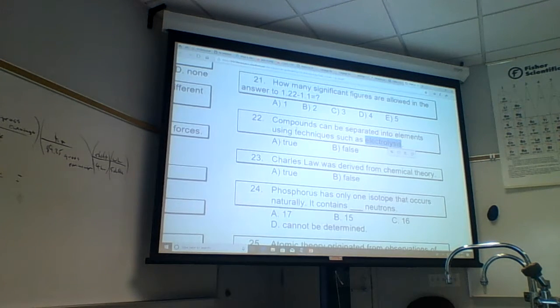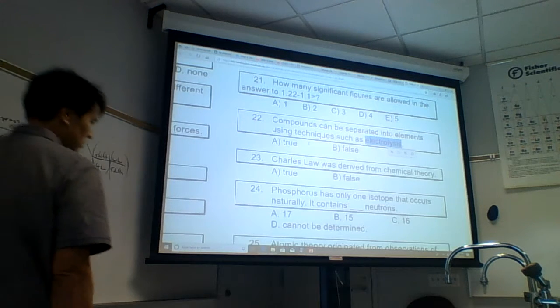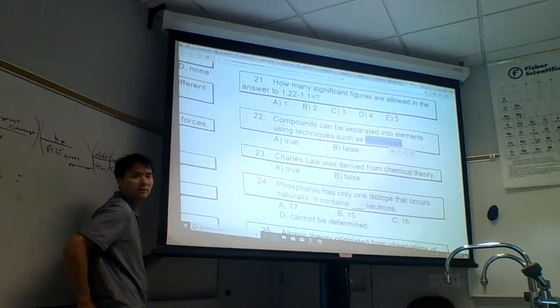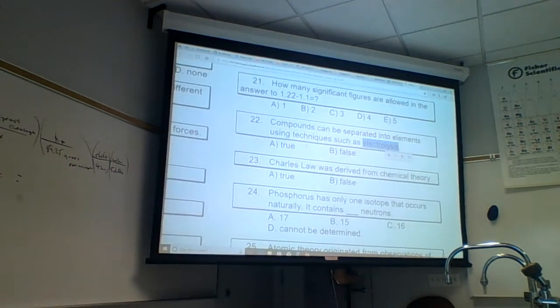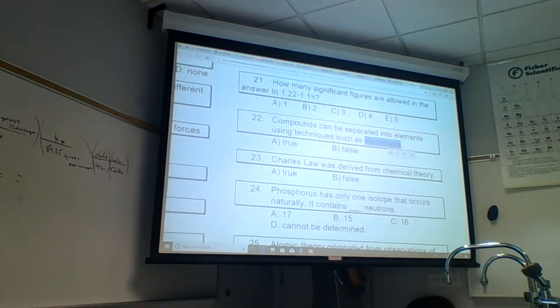For this particular semester, I showed the electrolysis, how to separate hydrogen from oxygen. We have the electrolysis demo. I should probably show it. Can you filter out the hydrogen from the oxygen in water? No.